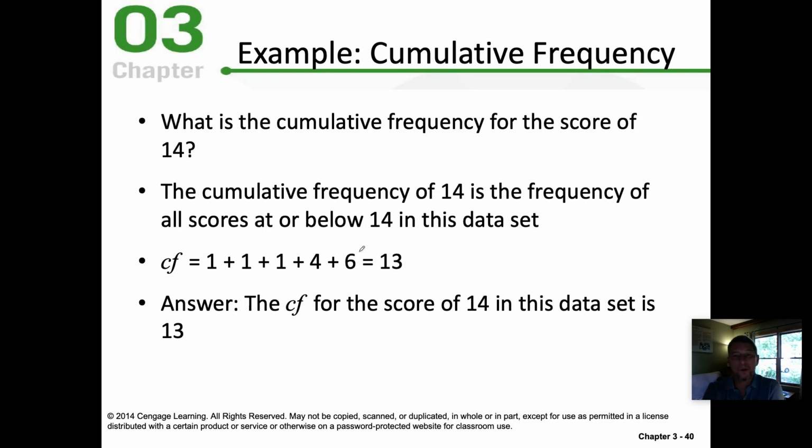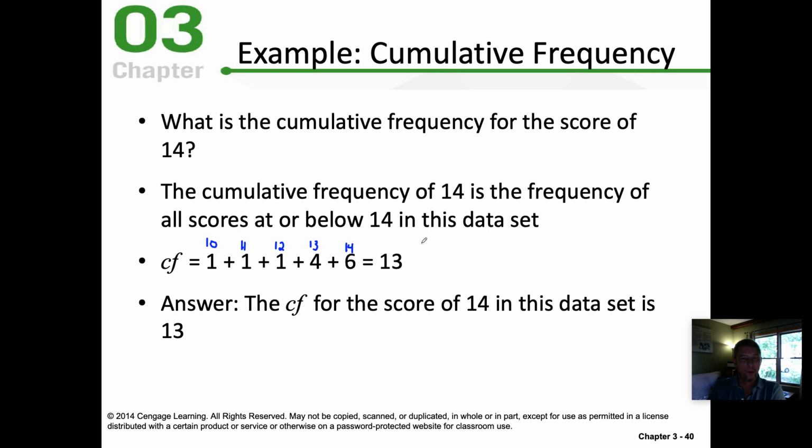Now, what's the cumulative frequency for a score of 14? Well, the cumulative frequency of 14 is the frequency of all the scores at or below 14 in this data set. So this is the frequency of 10, this is the frequency of 11, this is the frequency of 12, this is the frequency of 13, and this is the frequency of 14.